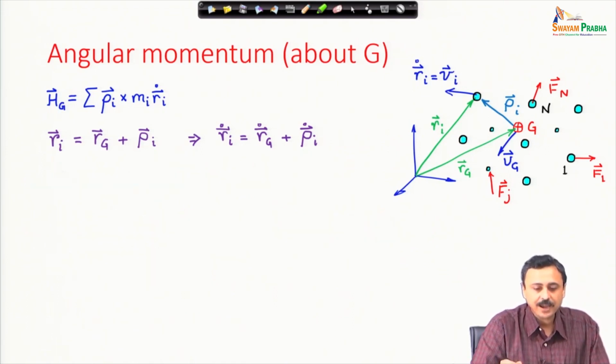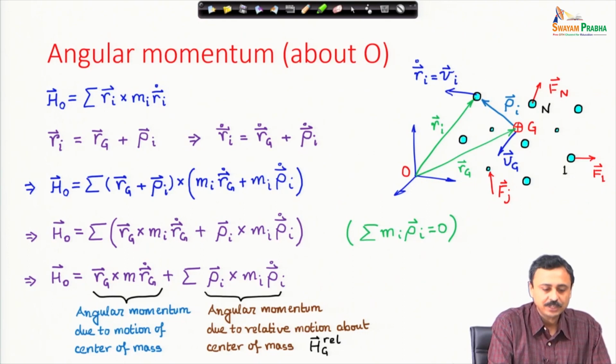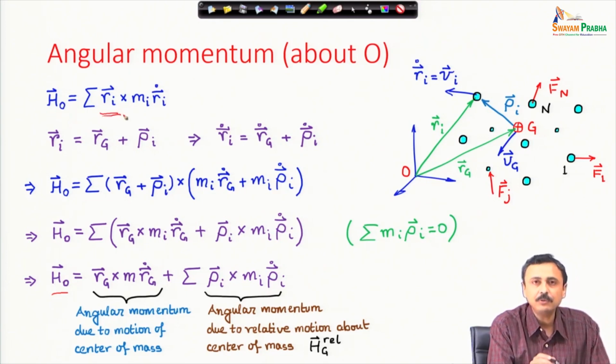The way we have defined in our previous discussions, we were defining the angular momentum about O, taking the individual position vectors of the particles and taking the cross product with the linear momentum of those particles.